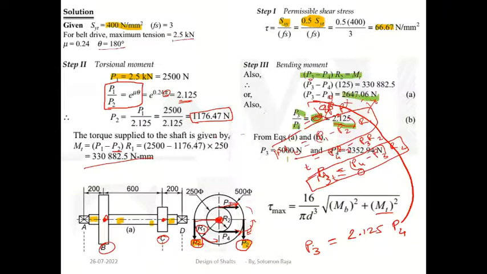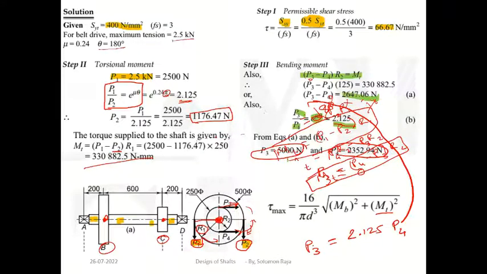Instead of P3, just put 2.125 P4 minus P4 equals 2647. If you solve it, you will get the P4 value. After that, you can find out the P3 value also. So now we have the P3 and P4 values.